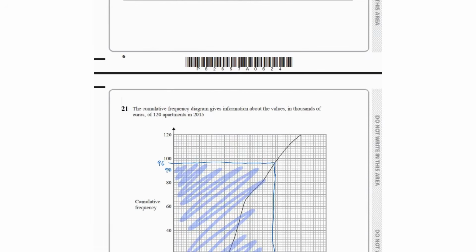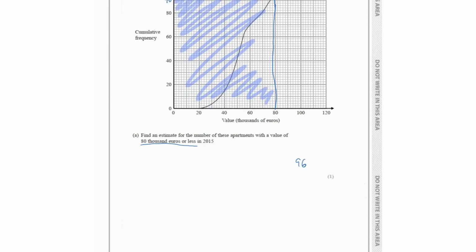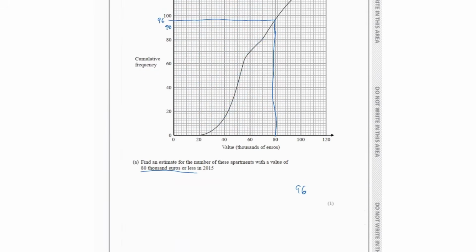Let's go back over here. I'm going to remove this. That is the first value.